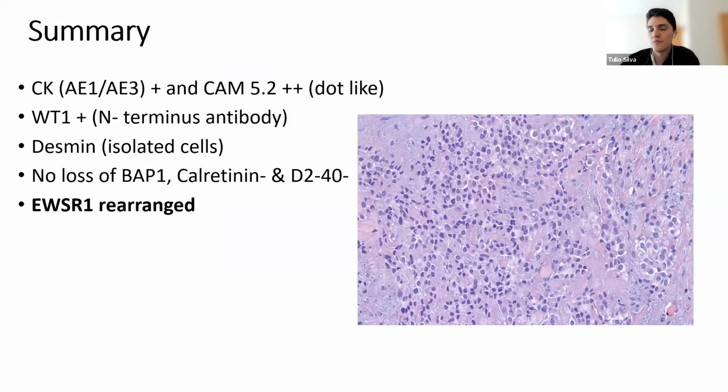So adding to our summary, the EWS rearrangement and the features observed so far, even though not perfectly, fit our diagnosis of a desmoplastic round cell tumor. So a preliminary diagnosis of DSRCT was made, and we were waiting for an NGS confirmation.